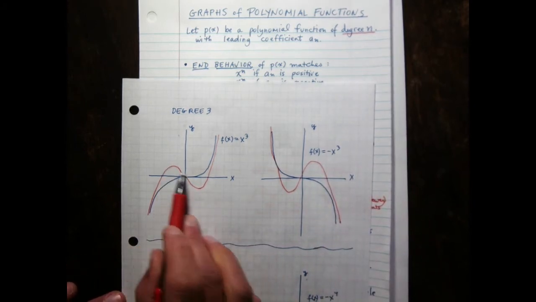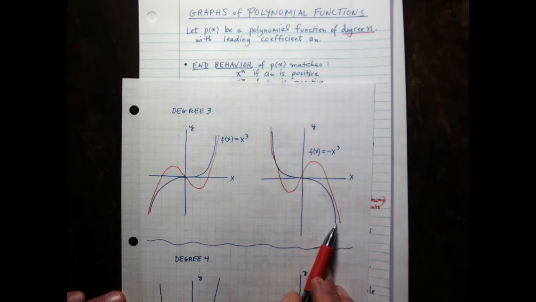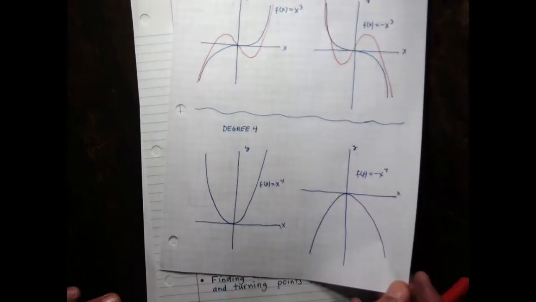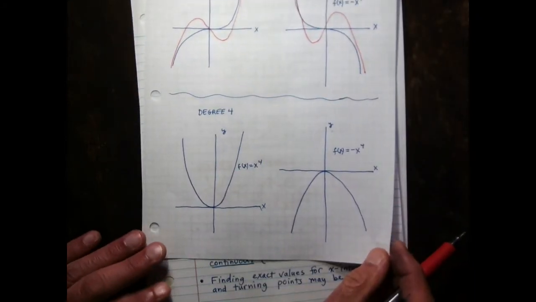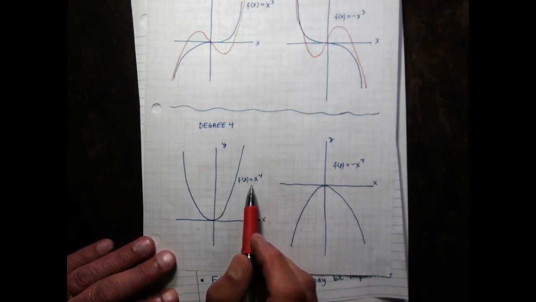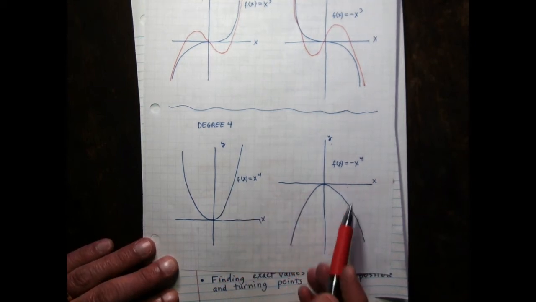So this isn't about wiggles in the middle, this is about what happens at the extremes when x approaches infinity or minus infinity. Same thing with the degree 4 polynomial. The end behavior will always match x to the 4th or minus x to the 4th.